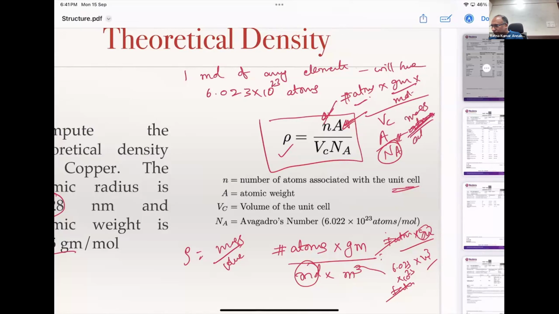Mass per atom into the number of atoms gives you the total mass of the atoms there, and this is the volume of that unit cell. That is our theoretical density. Is that clear?